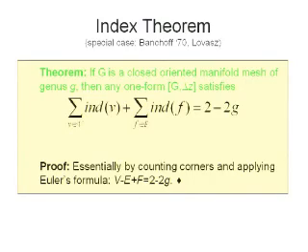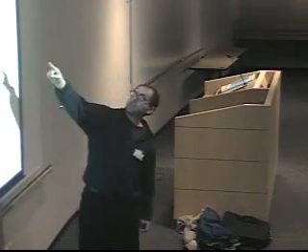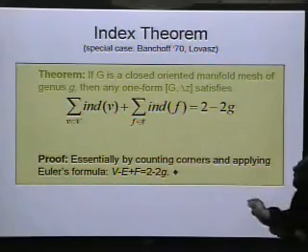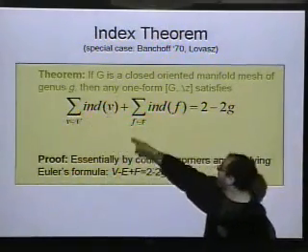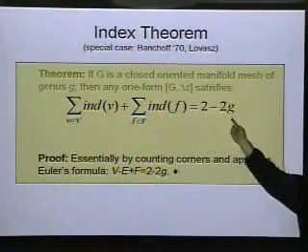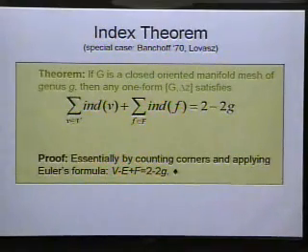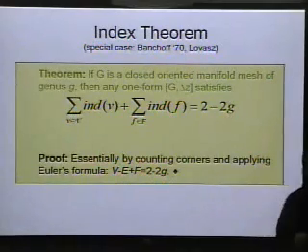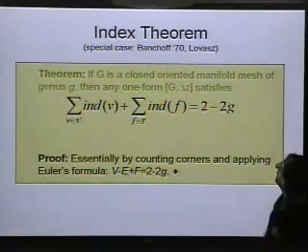Okay. So now we can state a very simple theorem. If G is a closed oriented mesh, so it's a nice mesh, it has no boundary, and we look at all the vertices and add up their indices, and all the faces and add up their indices, we've got to get 2 minus 2G, where G is the genus of the mesh. So G would be 0 for a sphere, 1 for a torus, etc. A simple case of this was proven by Banchoff.